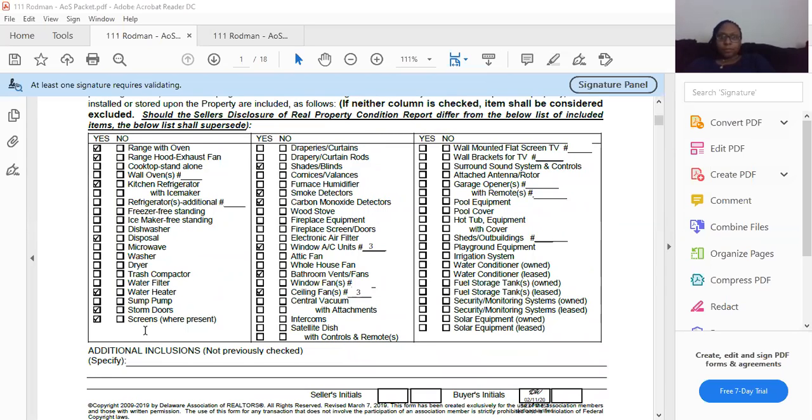You can put an extra layer here by specifying it in the additional inclusions, as well as the exclusions. Let's say there was a junk car sitting out front, all the tires were off, you could put in here, broken down car to be removed prior to settlement. Just to put that extra layer and to make sure that they sign off on it. And then if you do your walkthrough and that car is there, they have to take it away.